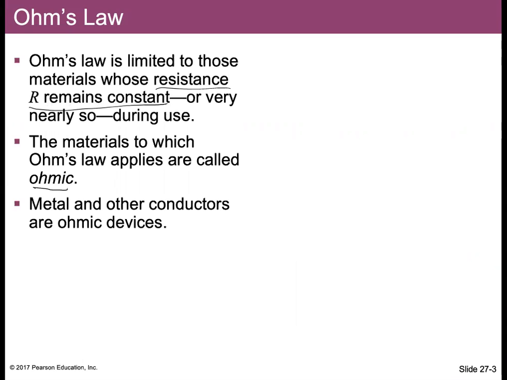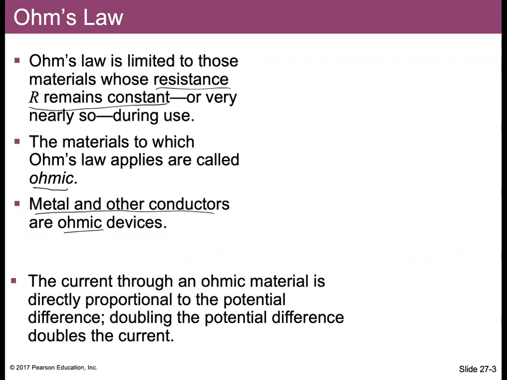Things like metals and other conductors are ohmic devices. That means their resistance remains constant and they have a nice linear relationship. The current through an ohmic material is directly proportional to the potential difference, so doubling the potential difference doubles the current.